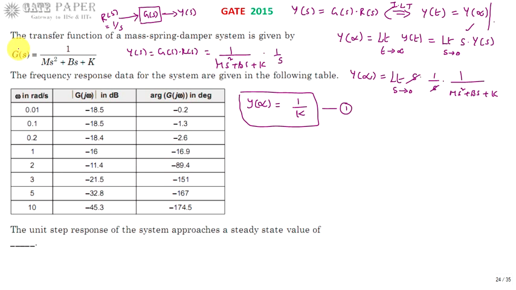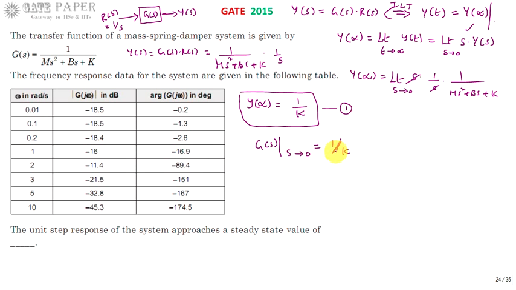Next, look at the transfer function which was given, G of s. The G of s magnitude and phase angle are given in tabulated form. Now G of s also has 1 by k. So can we say that G of s with s tending to 0, as s is substituted with 0, is equal to 1 by k or not? You will get the same value, 1 by k, whenever in G of s, s is tending to 0.